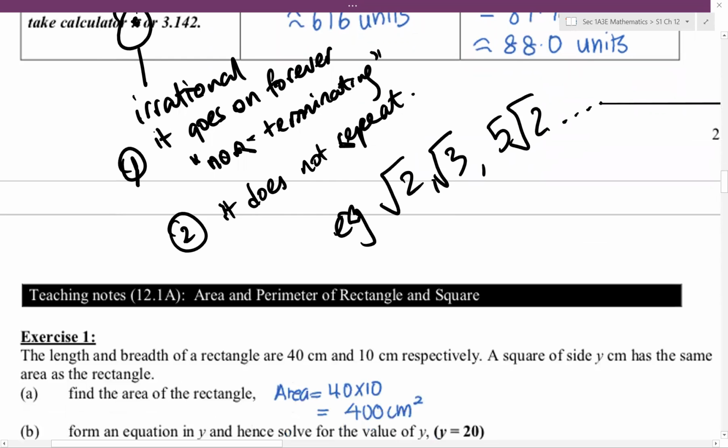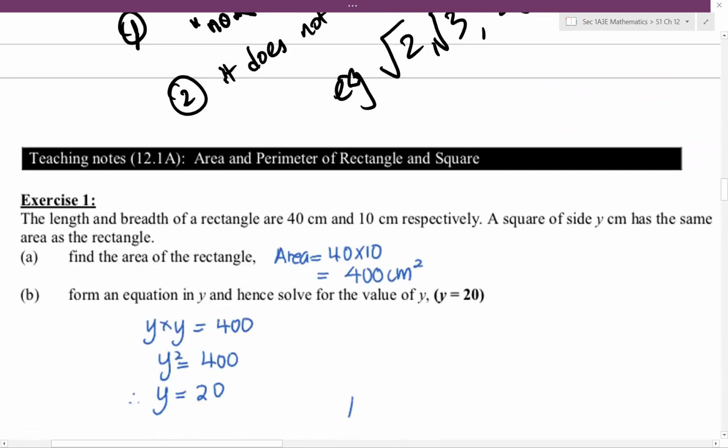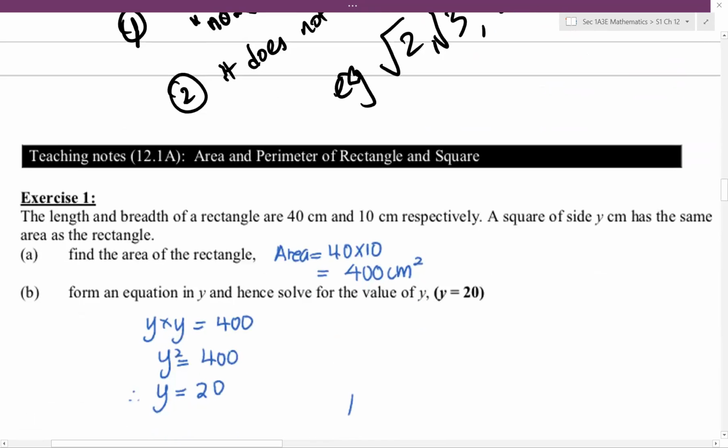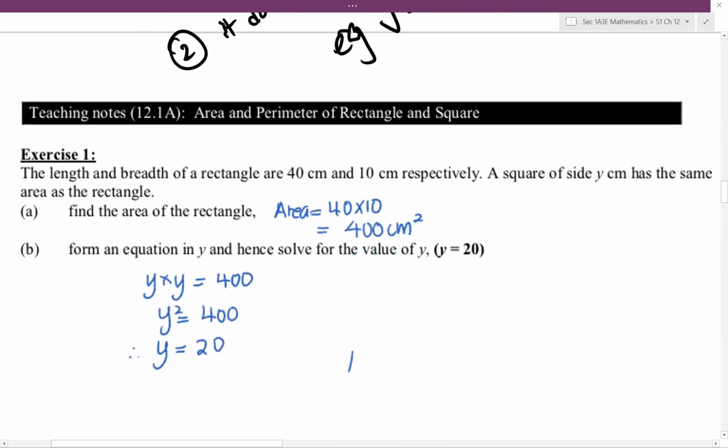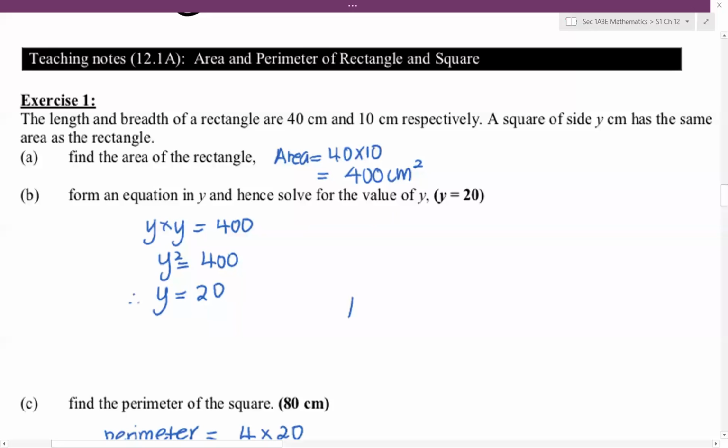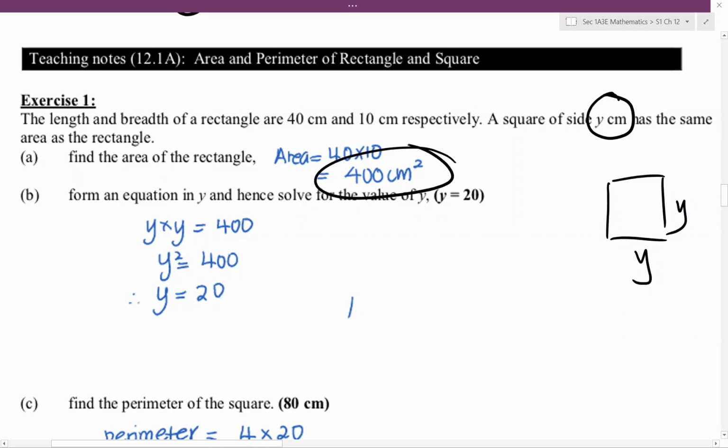So with that, you should be able to continue the questions in this set of notes. The length and breadth of a rectangle are 40 and 10 cm respectively. A square of side y has the same area. Find the area of the rectangle. Okay, simple. Area of rectangle is 400 square centimeters.